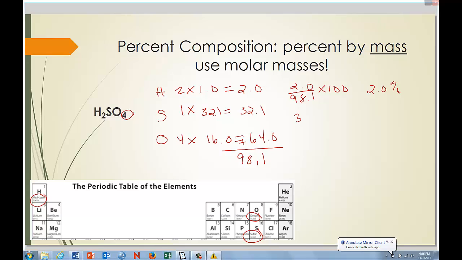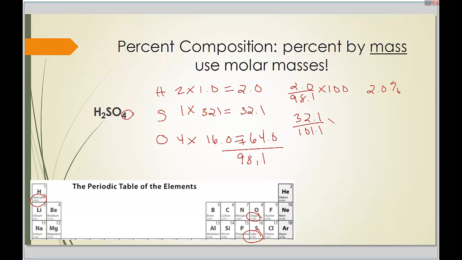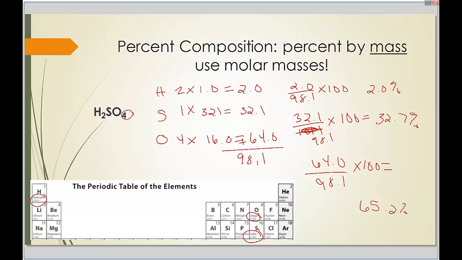For sulfur, 32.1 divided by, oh sorry, that was the last one, 98.1 times 100, that comes out to be 32.7. And finally, we have 64.0 divided by 98.1 times 100. So oxygen would make up 65.2% of the compound by mass.